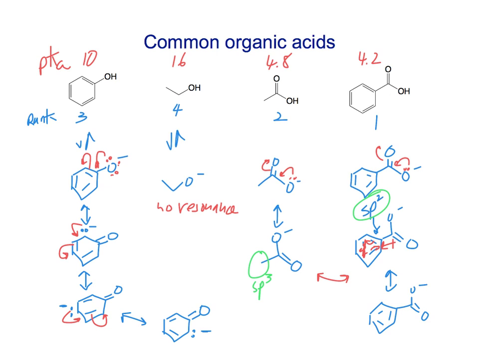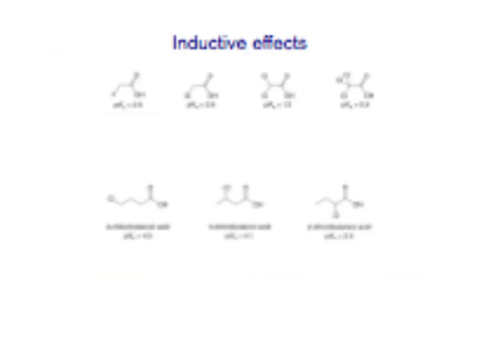So let's look at other ways we can stabilize carboxylates. A bunch of different carboxylic acids. I should have made those bigger. Notice they all have halogens attached, and so these are the classic situations for having the inductive effect.